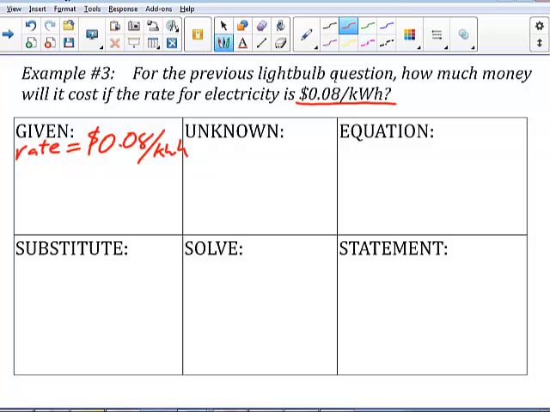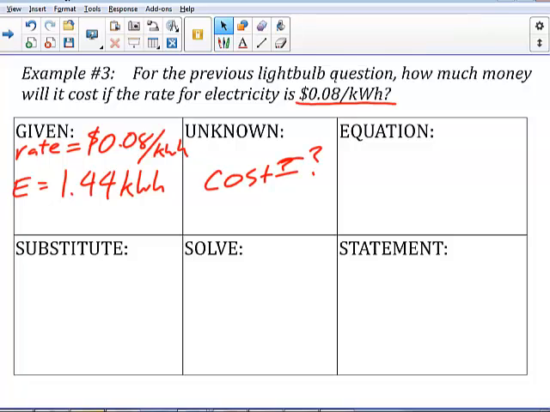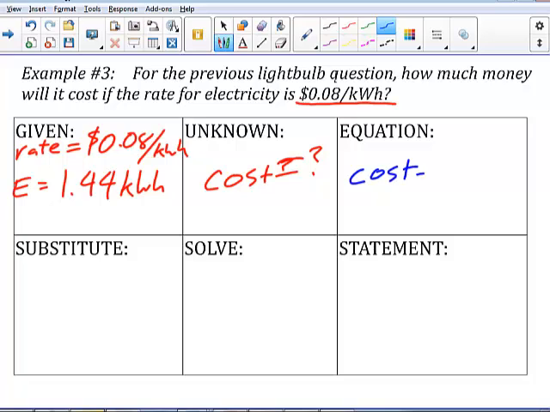And in the previous question, we found that the energy on that light bulb we used was 1.44 kilowatt hours. What don't we know? We don't know the cost. So what's the equation we're going to use? Cost equals energy times rate.